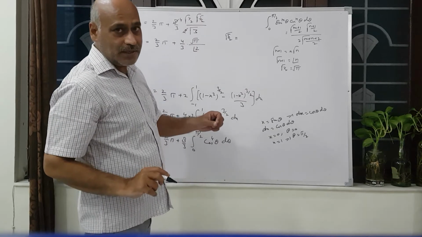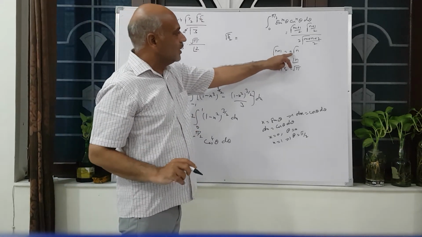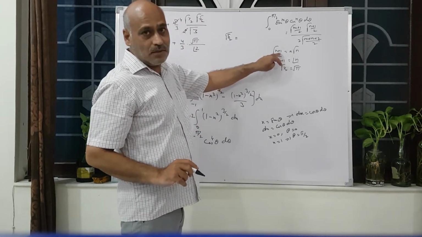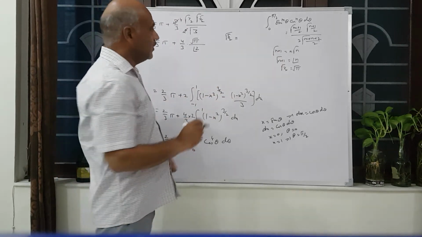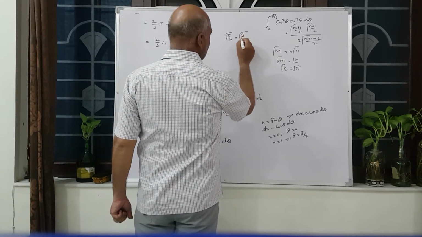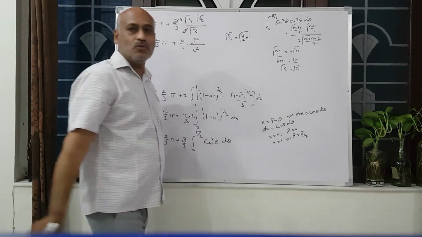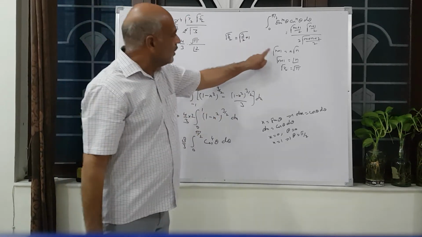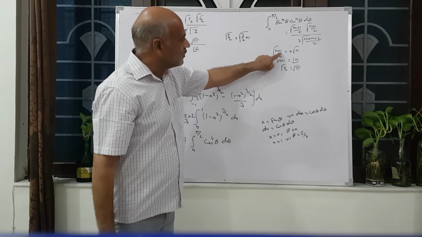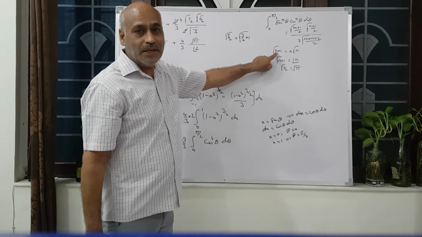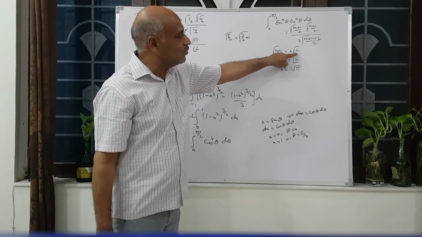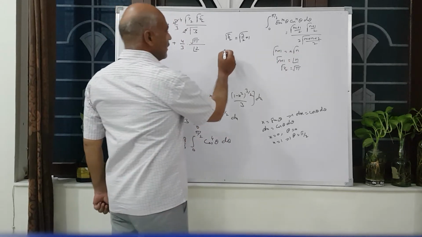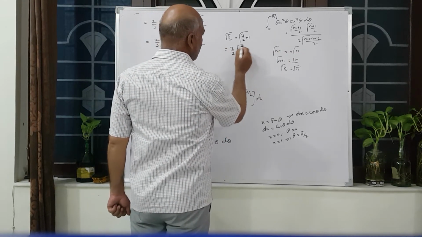Gamma 5 by 2, we can write in this form, n plus 1. We can write 5 by 2 as 3 by 2 plus 1. 3 by 2 plus 1 is 5 by 2. So n plus 1, what is n? n is 3 by 2. So we write 3 by 2 gamma 3 by 2.